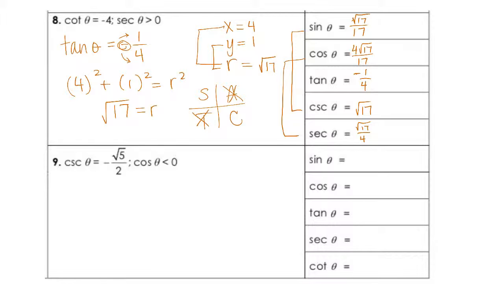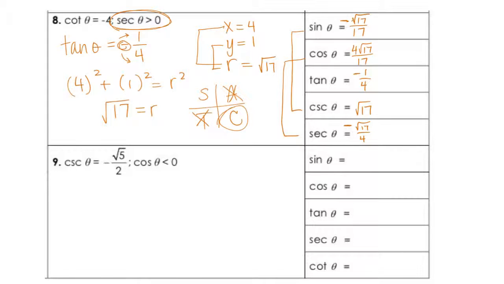So that leaves us with either the second or the fourth, and that's why we need this. If secant is positive, then that means cosine is also positive, isn't it? So that tells me that cosine and secant need to be positive, but all the rest of them are negative. So I'm going to have a negative sine, and then I'm going to have a negative secant.